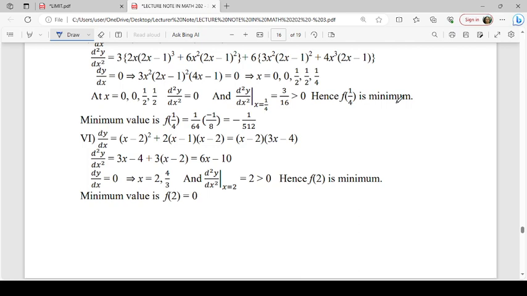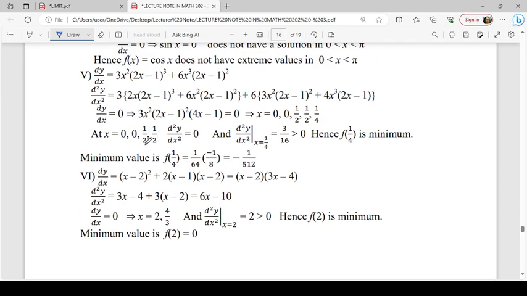So f(1/4) is minimum, f(2) is f(2), where is this? Not this one. So f(1/4) is maximum, but at 0 and half, it doesn't have any value, it is 0. So we cannot have extreme value here, because d2y/dx2 must be non-zero to have an extreme value.